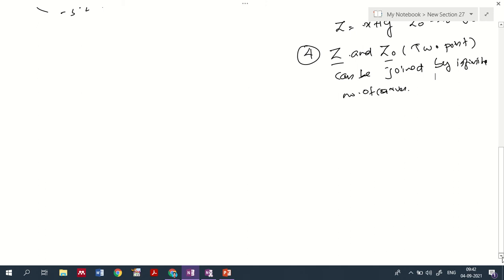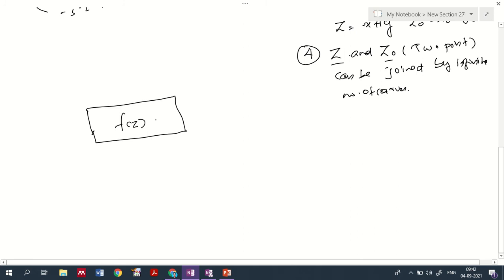So then you'll understand. Let me just represent a box here. This box has a function f of z. So for example, the limit I am keeping is limit z tends to 0. Let me draw it in a proper way.